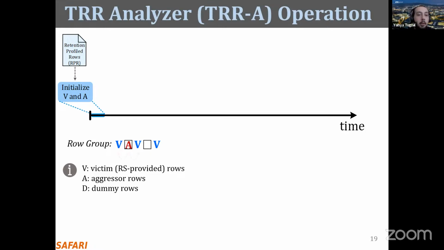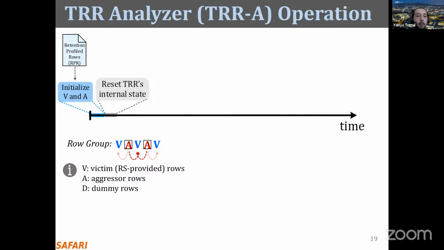And the user can specify 1 or 2 aggressor rows between the victim rows. And hammering these aggressor rows will probably disturb the remaining 3 victim rows.